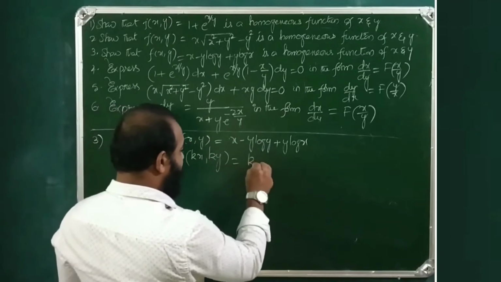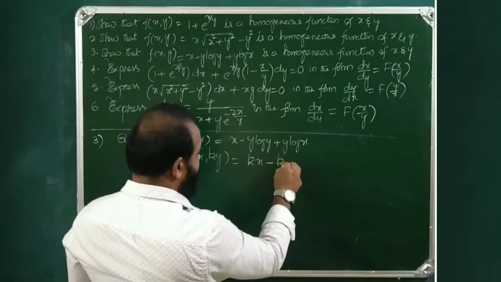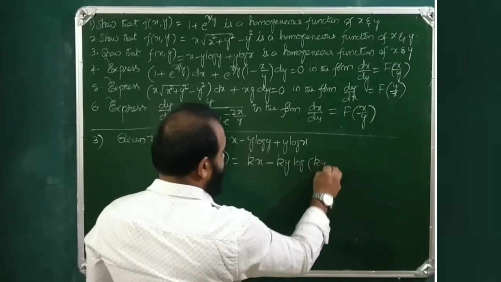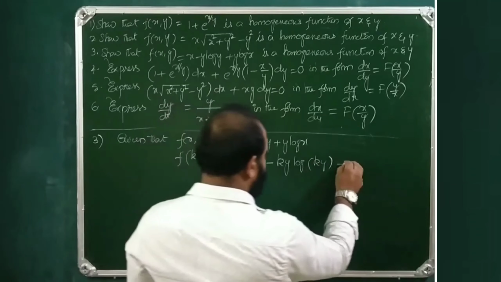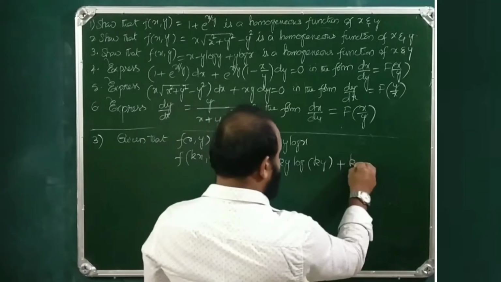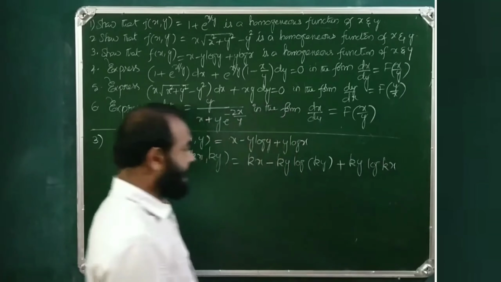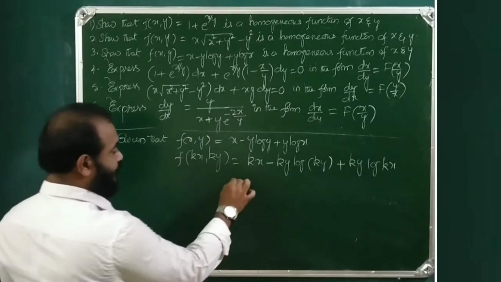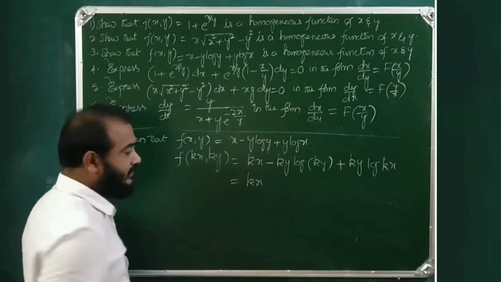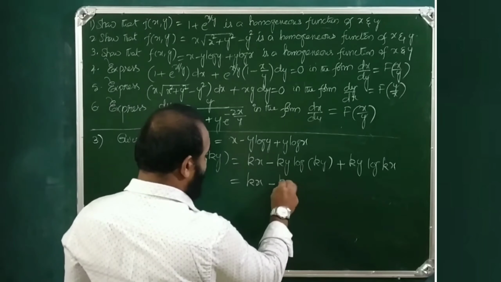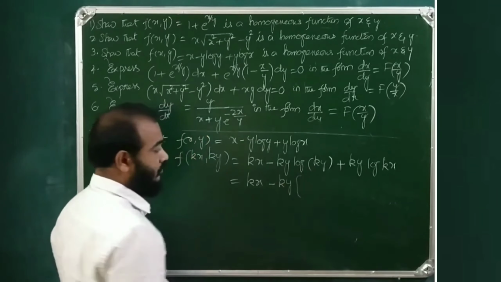So this is kx minus ky log ky plus ky log kx. This is equal to kx minus ky if you take common.